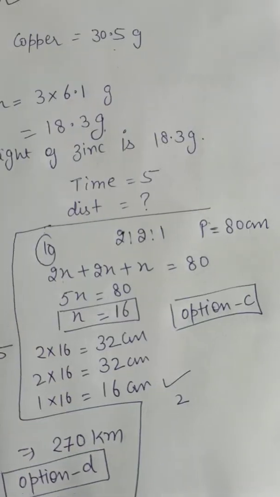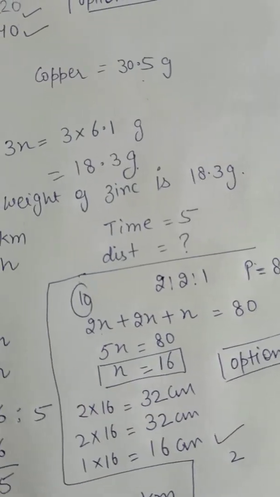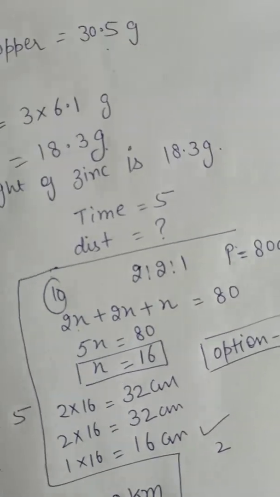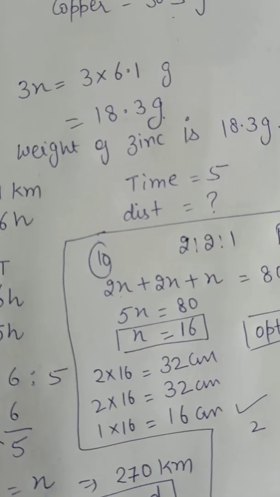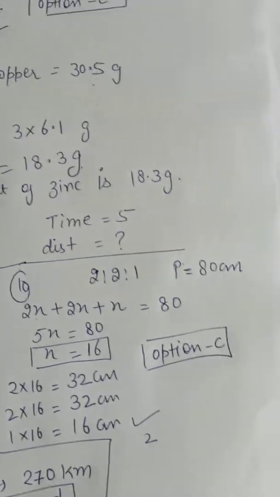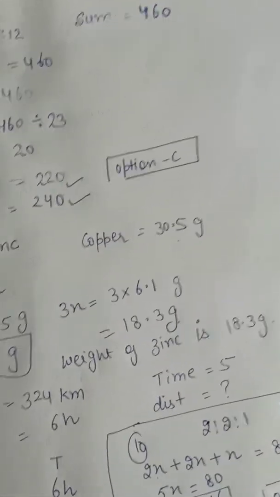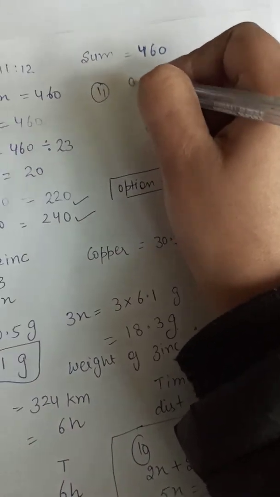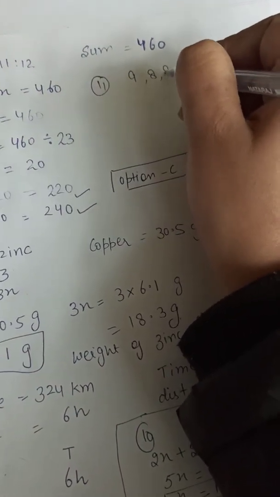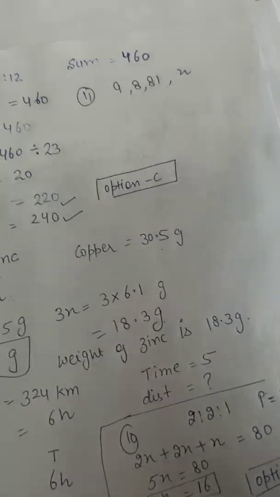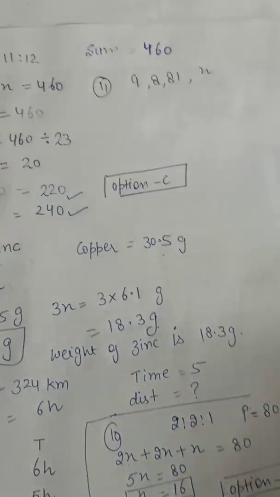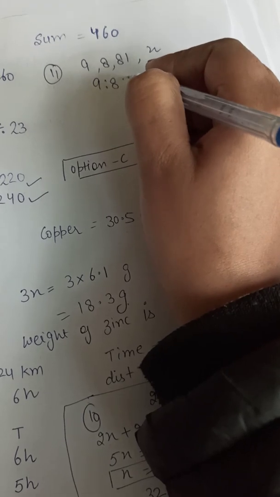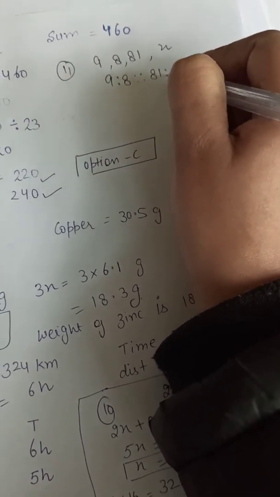Now come to question number 11. If the numbers 9, 8, 81 and x are in proportion, then find the value of x. So 9:8, these are in proportion.